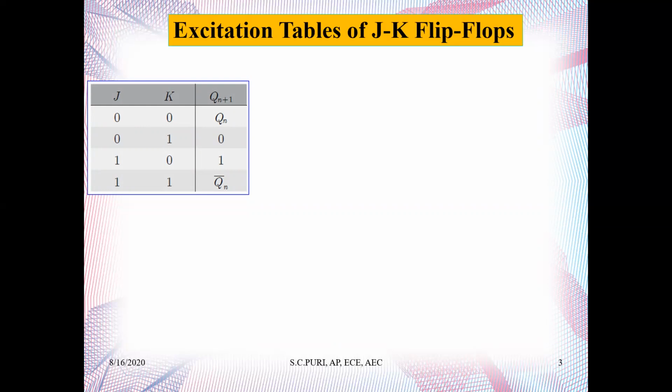If J and K are 0, 0, it will be the same Qn, no change. When it is 0, 1, it is reset, 0. When it is 1, 0, it is set, 1. And when it is 1, 1, it will be toggling, as we saw while discussing the basics of the JK flip-flop. So Qn+1 is equal to Qn bar.